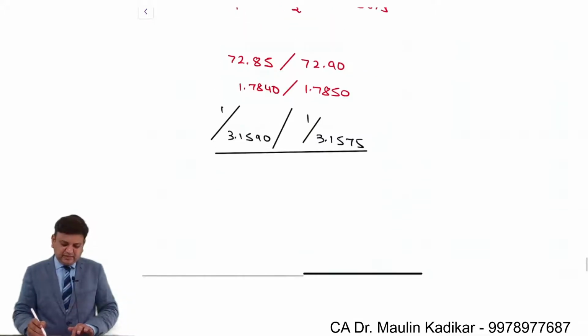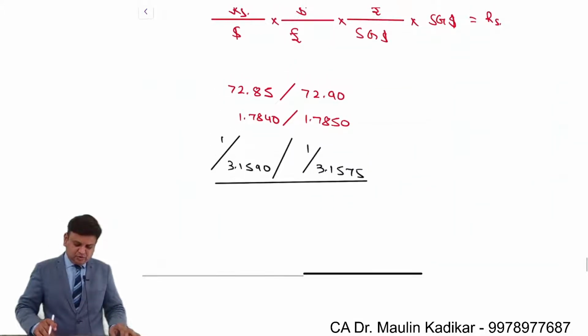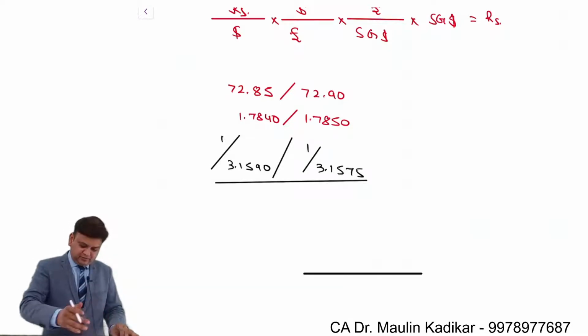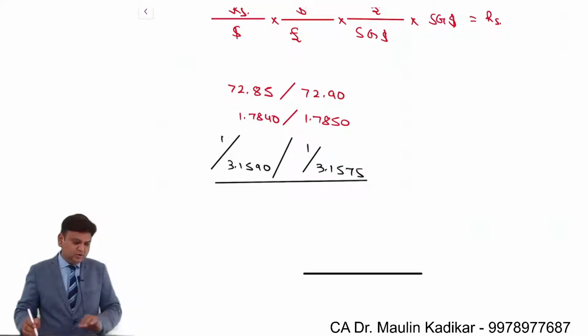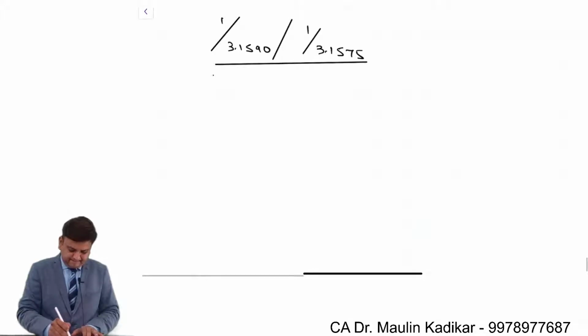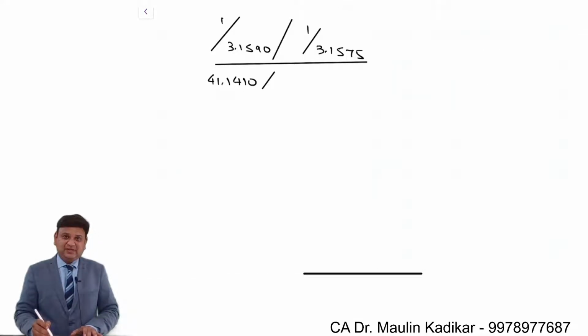We just have to multiply all the values. So 72.85 into 1.7840 divided by 3.1590. So 41.1410. Importantly, we are required to make the computation of the exchange rate up to 4 decimals.